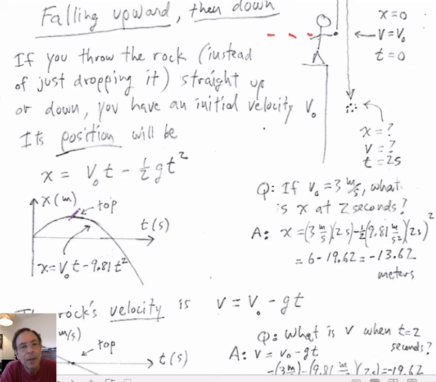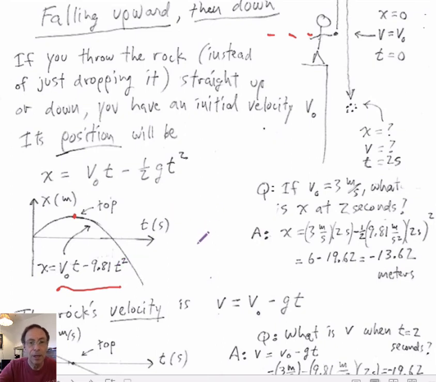Right here at the top, that's the time when the rock stopped going up, and for an instant it is motionless, and then it begins to fall. And I'm plugging in g here, minus 1/2 g, so this becomes v0 times t minus 9.81 times the time squared.